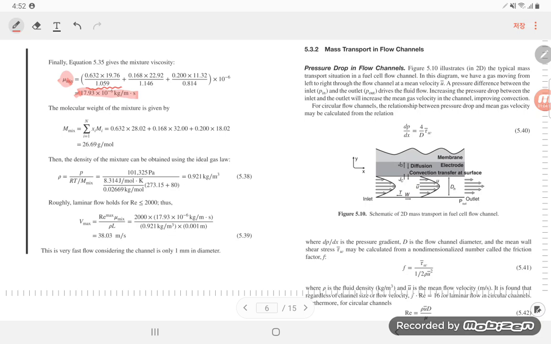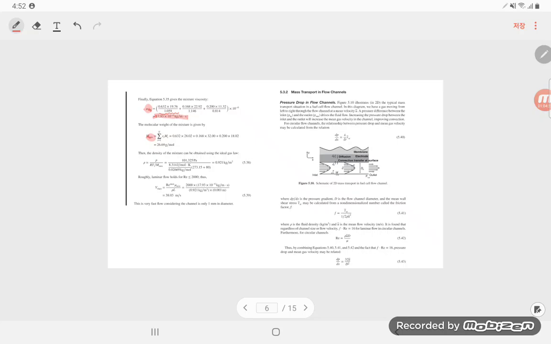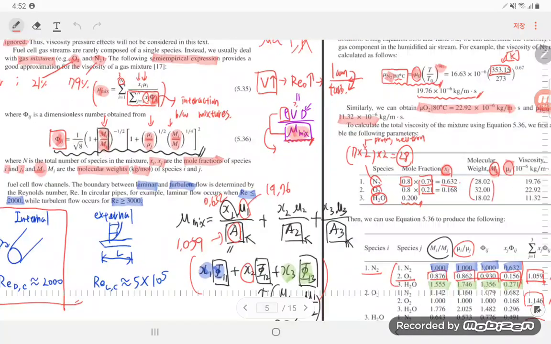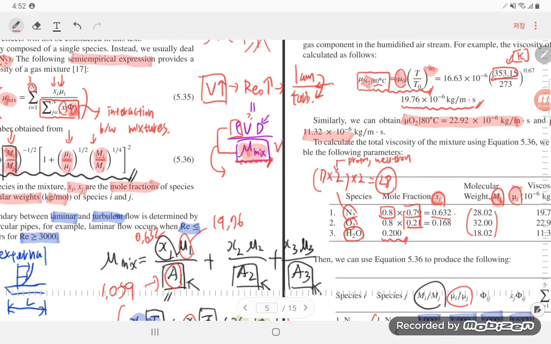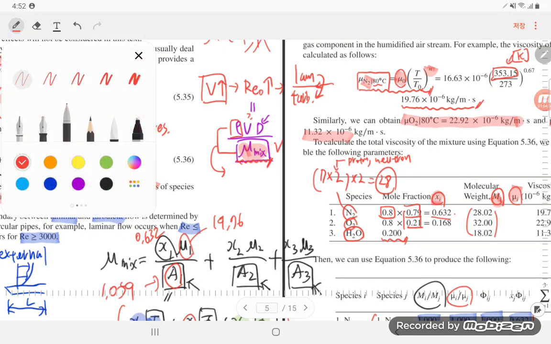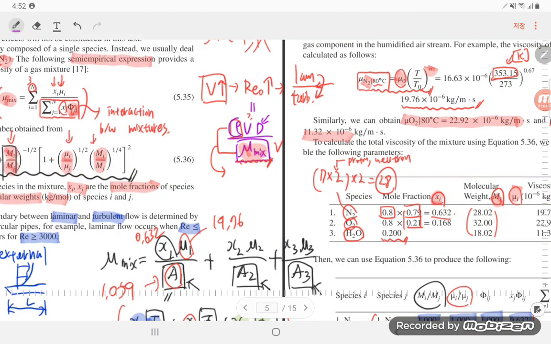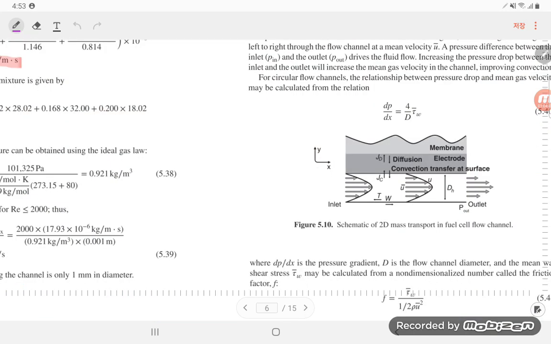So the molecular weight of the mixture is given by M. Why do we need this term? Okay, let's talk about it. As I said, we should get two terms to obtain the Reynolds number and velocity relation. Firstly, we get this one, and next, we should get the rho of this gas mixture.